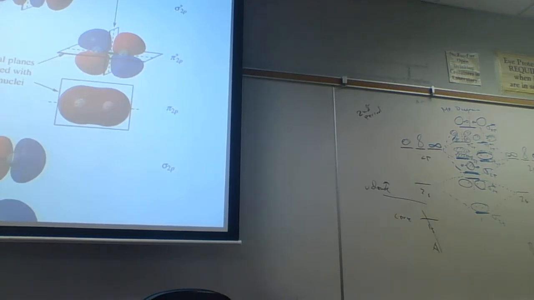Here's the pi star 2p, rotated. Actually, these two belong with each other. And so this is the bonding pi, this is the antibonding pi. And these two belong to each other because here we have the four lobes. Two of the lobes are sticking out, two are sticking in. These are color-coded. We aren't going to color-code ours.